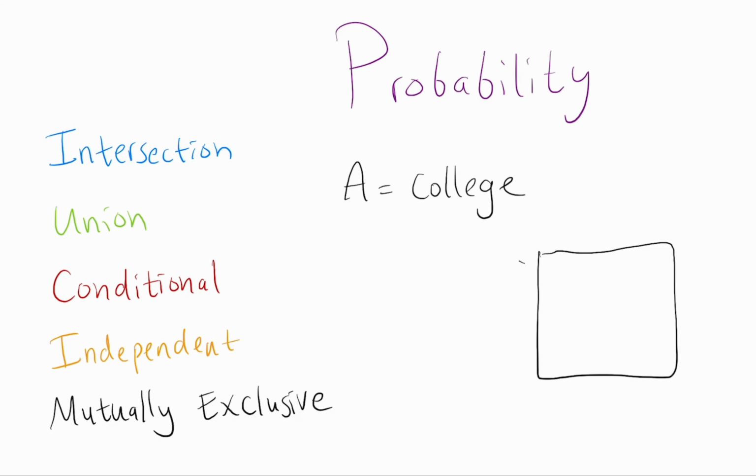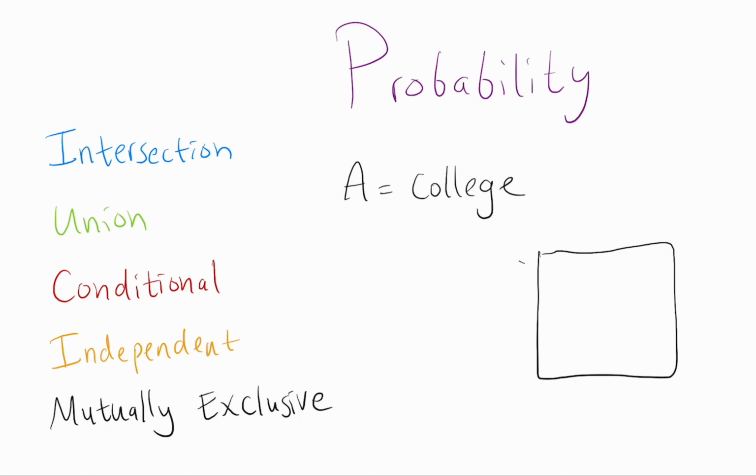So let's say we know the area of that overlap to be 0.3. This means that 30% of people out of everybody both have a college degree and voted. That's what that would mean.